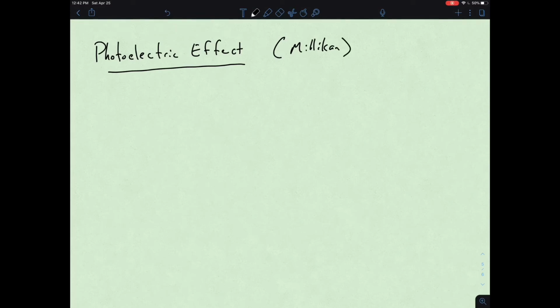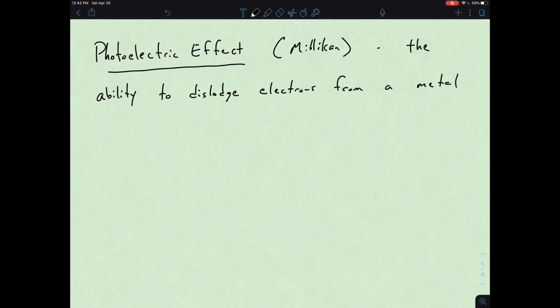Millikan discovered the photoelectric effect, and it's basically the ability to dislodge electrons from a metal as a result of shining light on that metal. That is the photoelectric effect.